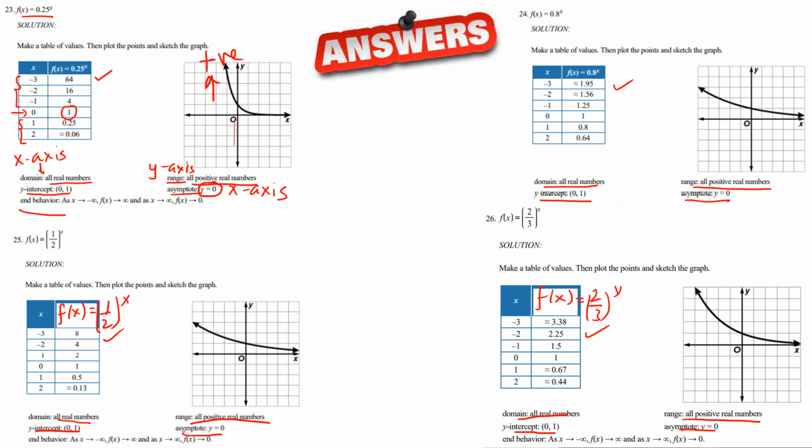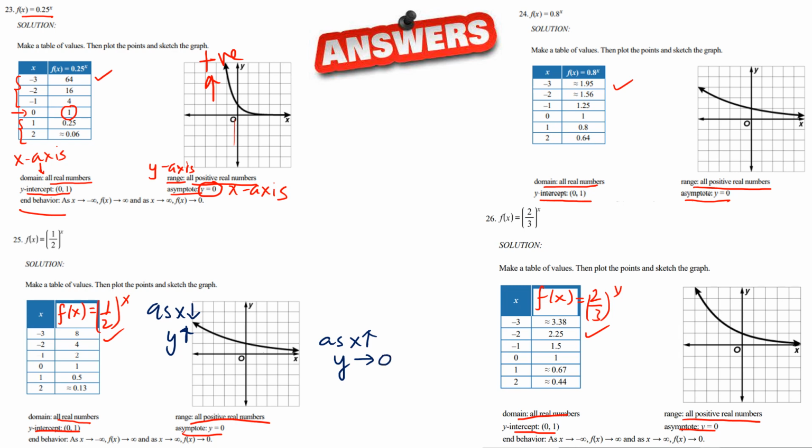So as x is decreasing, as x is going to minus infinity, where is this graph going? Up. So as x decreases, y increases, and as x increases, y is going near about 0. It's almost touching the axis.